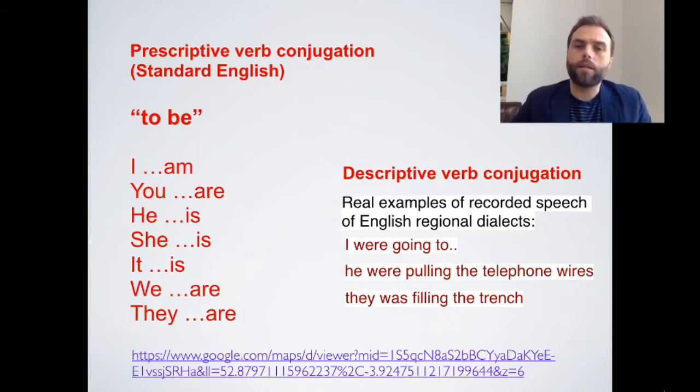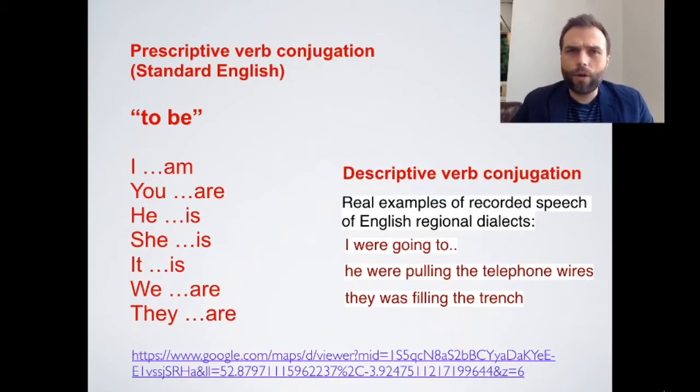These sentences: "I were going to," "he were pulling the telephone wires," "they was filling the trench." Notice the conjugation is different. Standard English, I am, but here we can see I were. Standard English, he is, but here we can see he were. And the final example, standard English, they are, but here you can see they was.